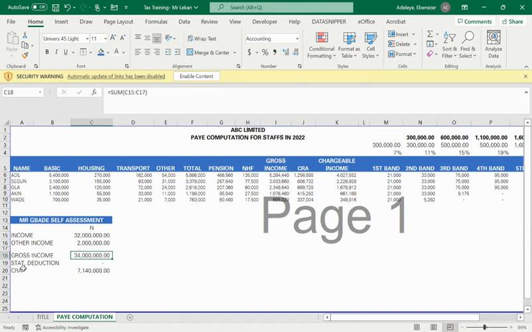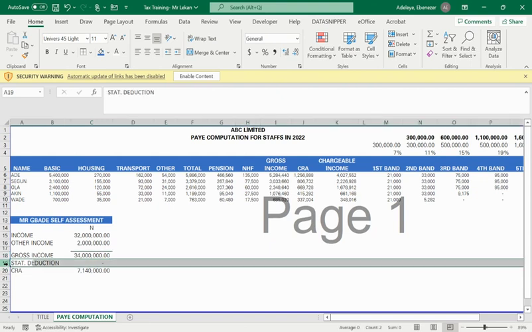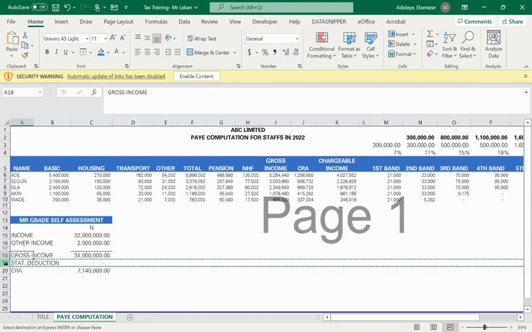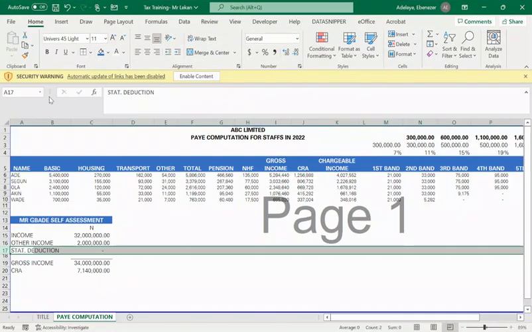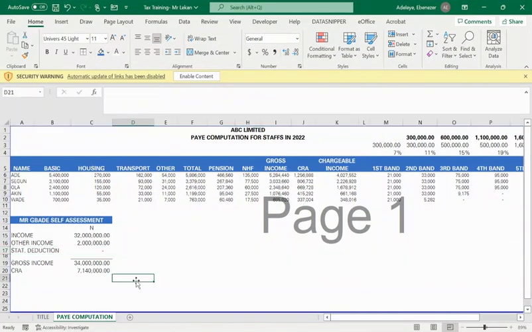It means that if there are statutory deductions, the statutory deductions are supposed to come here. Don't forget what we said in the first video. Thank God I even remembered. Before we can compute our CRA, we must have removed the other statutory deductions like the pension, the NHF, and whatever. So since Finance Act 2020, that is the effect. Initially, this would have come before the statutory deduction to arrive at our chargeable income, but now it comes after. CRA comes after we have removed pension and NHF.